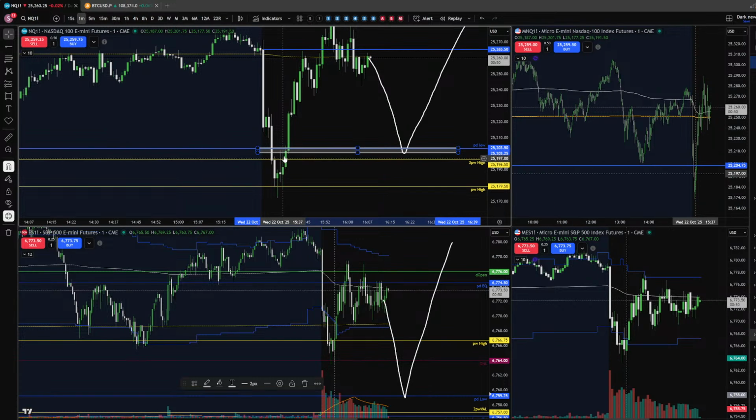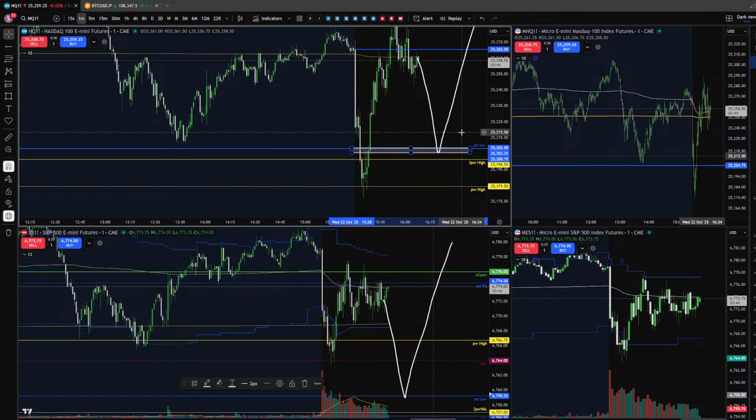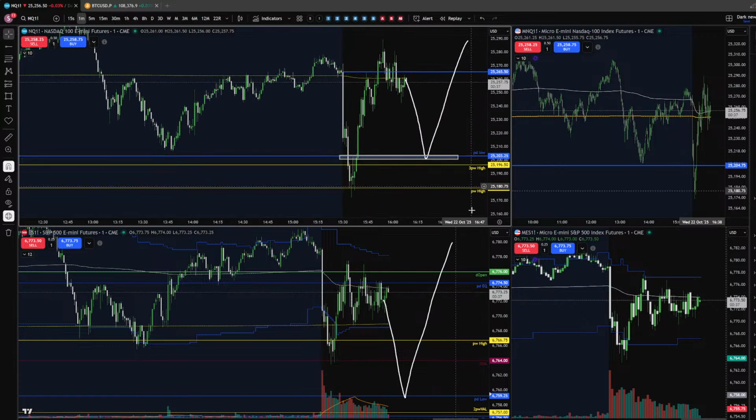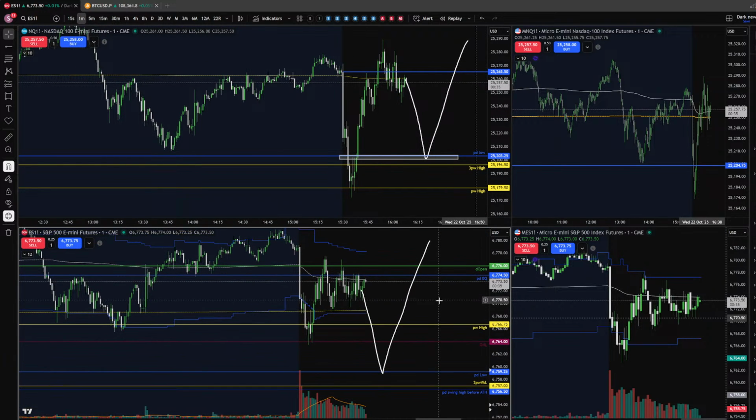See wicks, never retested. This could be nice. Okay, so let's wait and see.